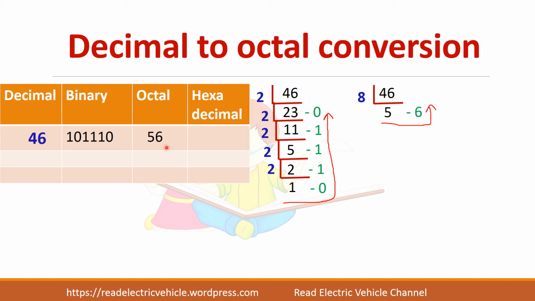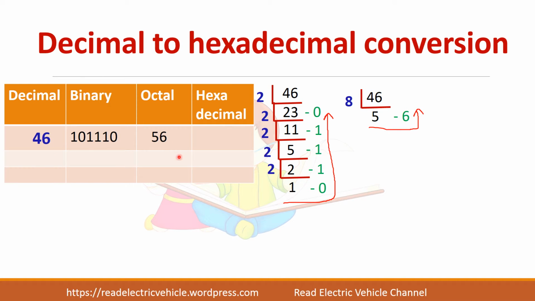Now we will find the equivalent hexadecimal number. For hexadecimal number, we have to divide by 16. So divide by 16. So 2 times you will get the quotient and here remainder is 14. But 14 is not a hexadecimal digit. You have to find the equivalent value for that.